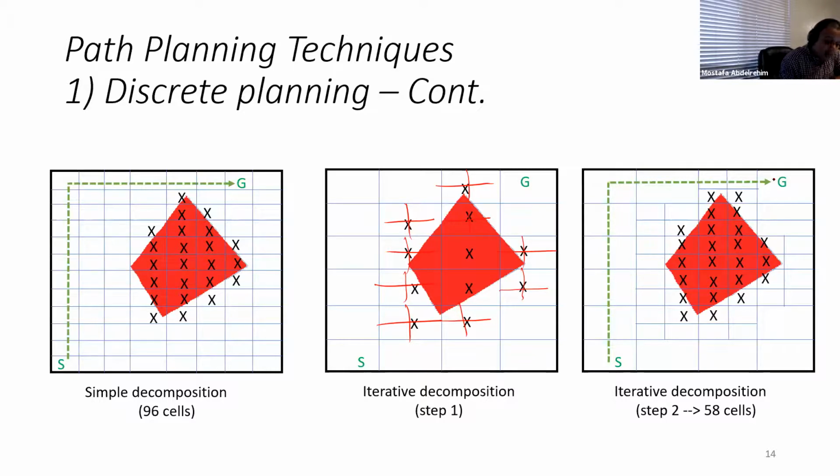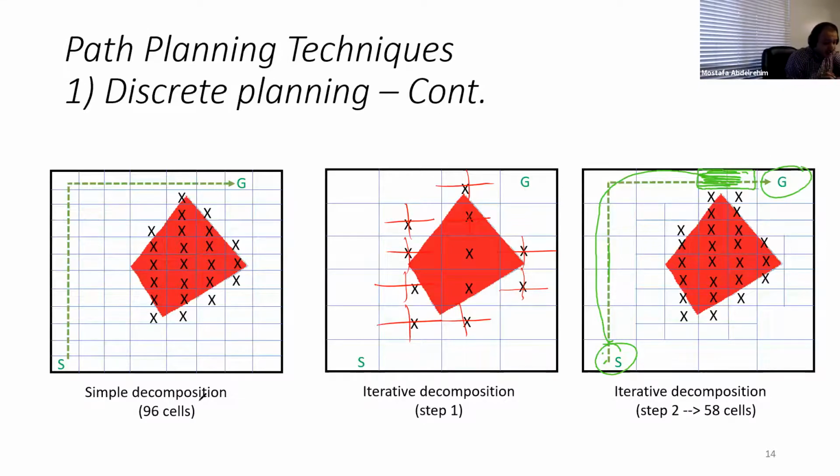Now, based on that, those two cells in here are free. And if we run the graph search, we can find the path between our source in here and our destination or goal.